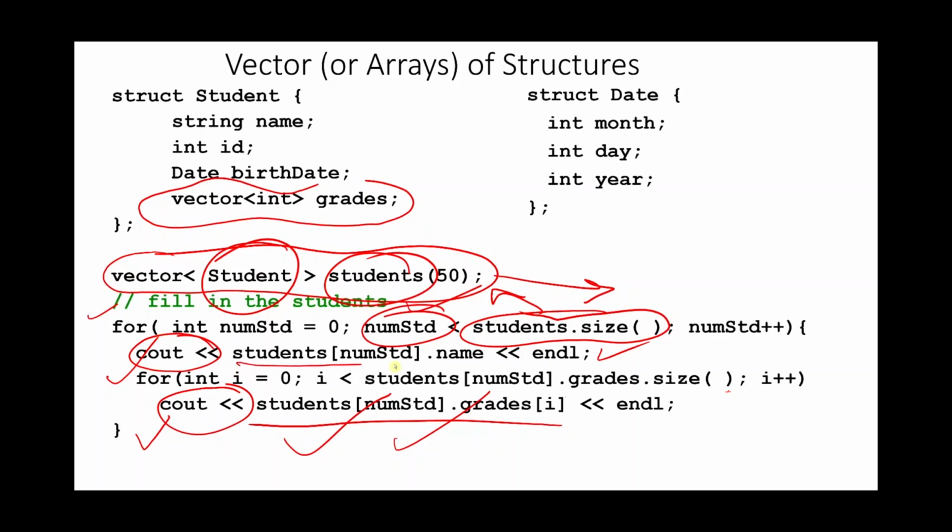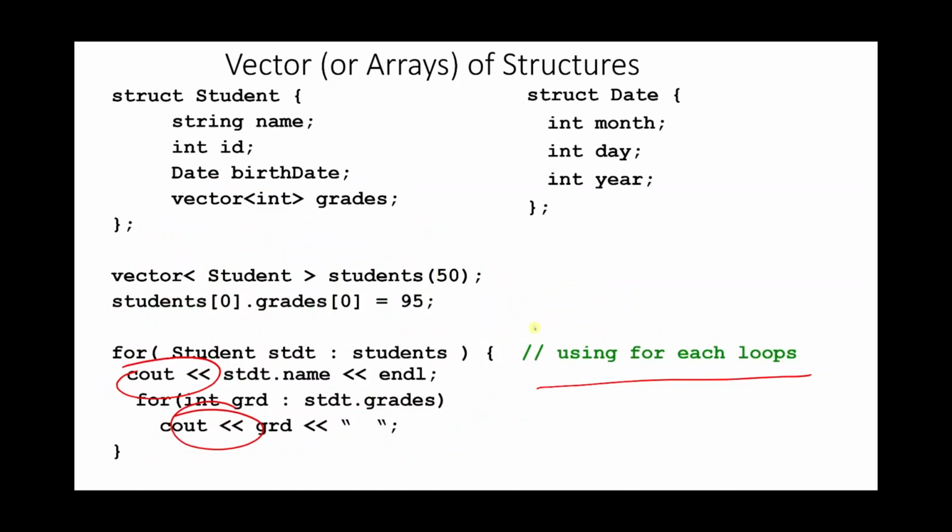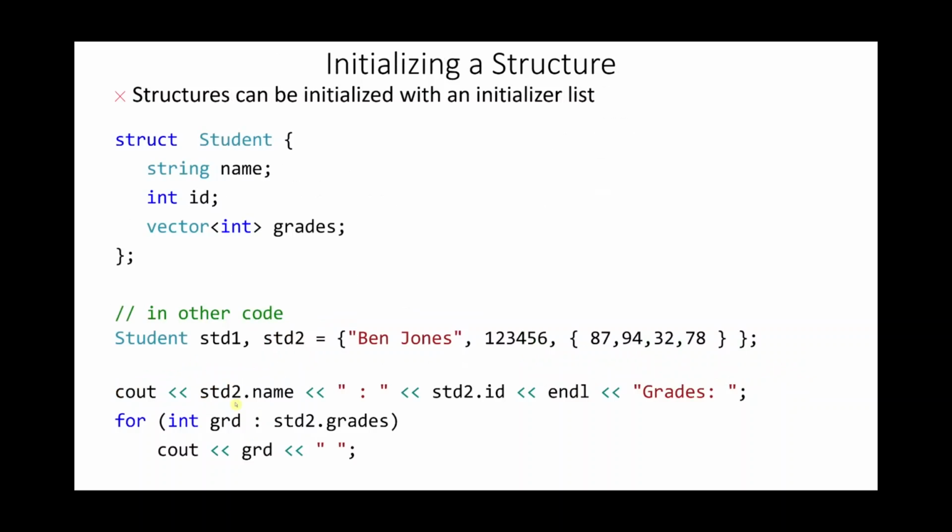You just say this equal to the new information. However, in here you have to have an ampersand for the student, and with this one you also have to see the ampersand of the grade and the grades and all these things, right? So structures can be initialized with an initializer list, the way you did with vectors, the way you did with arrays.